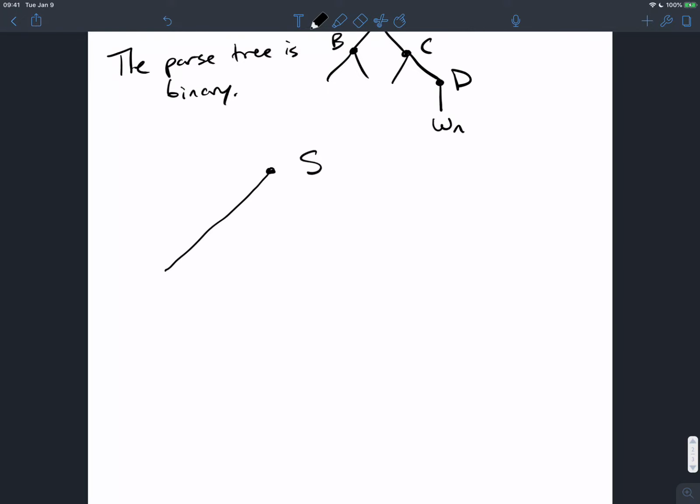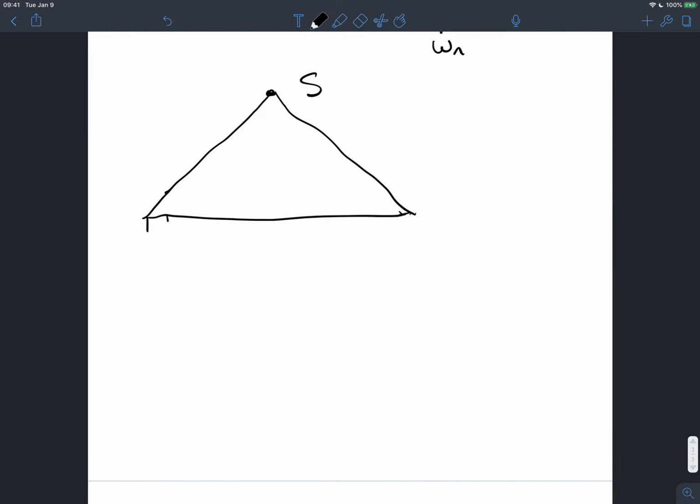The tree may not actually look like this, but let's just suppose it happens to look like this. And then at the bottom, it makes all the leaves, which happen to be the terminals of the string we want. So in this case, it's W1, W2, all the way to Wn over here. And we know, of course, if we take the Wi's off the bottom, the rest of the tree is just entirely full of variables, and it's a binary tree. Questions so far?